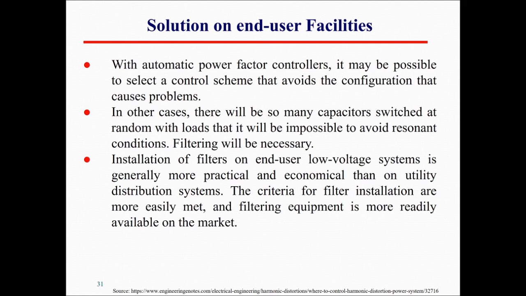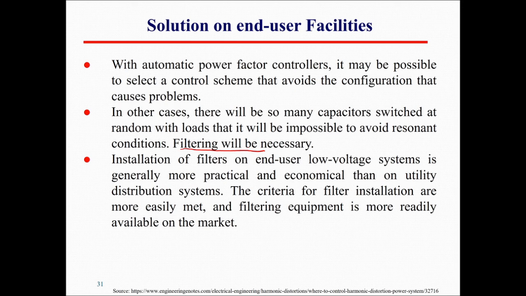With an automatic power factor controller that will keep the power factor changing, it may be possible to select a control scheme that avoids the configuration that causes a problem. In other cases, there will be so many capacitors switched at random with load that it will be impossible to avoid the resonance condition. In this case, you have to put in a filter.